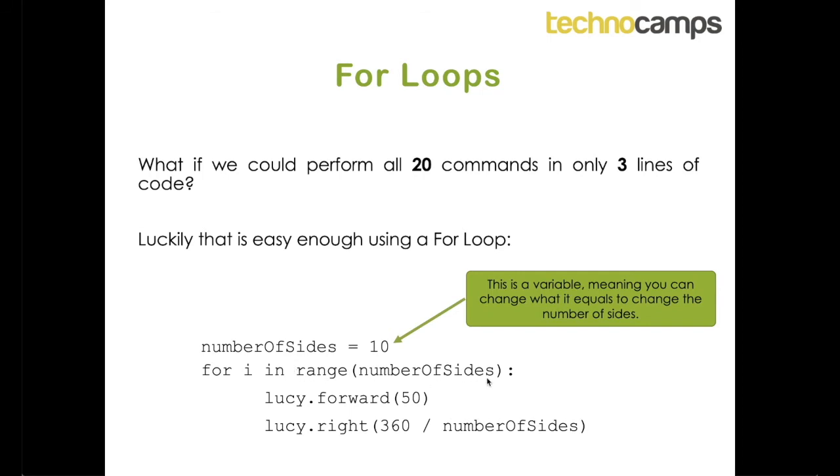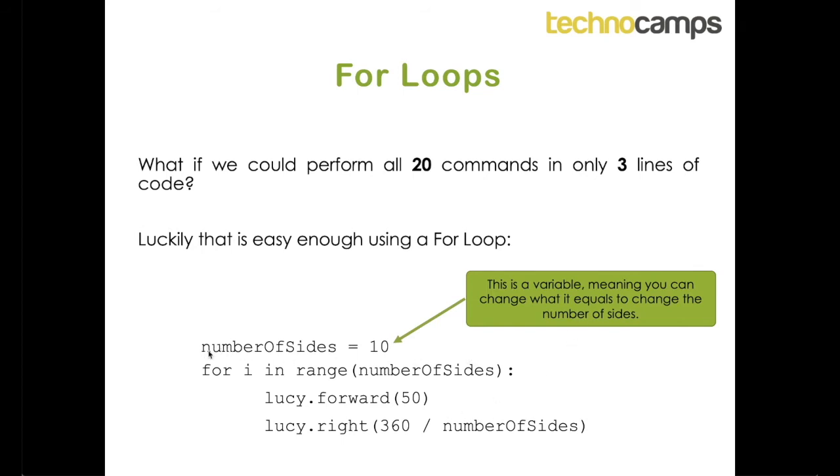Now, if the number is 5, it would repeat these two lines of code 5 times. If this number was 72, it would repeat these two lines of code 72 times.